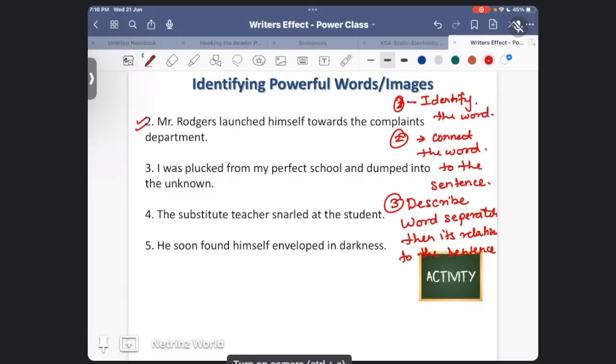Let me know once you guys are done and then you'll hit enter at the same time, both of you.